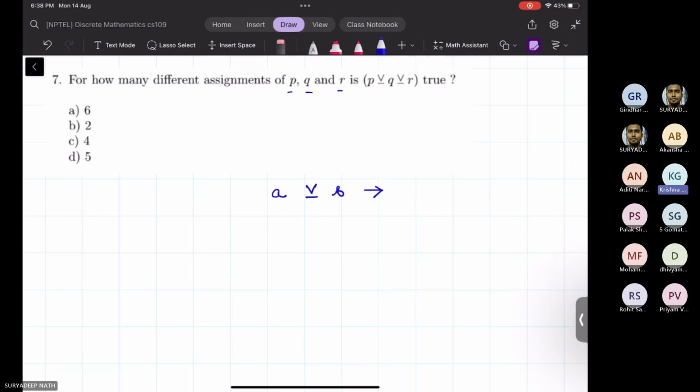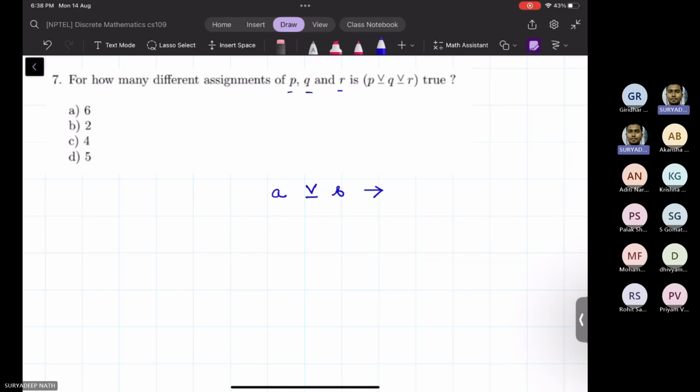If both the operands are true or both are false, then the output is false. Otherwise, the output is true. Right, only if one of them is true and the other is false. It is false when both are false and when both are true.